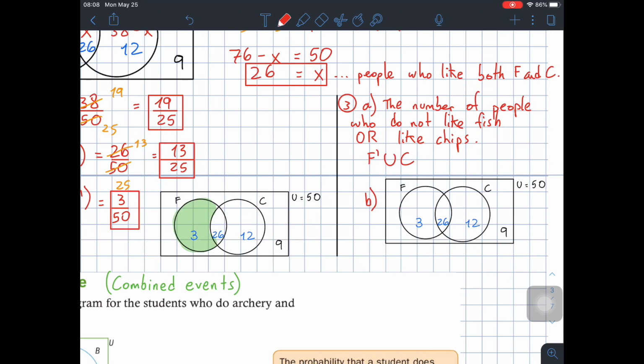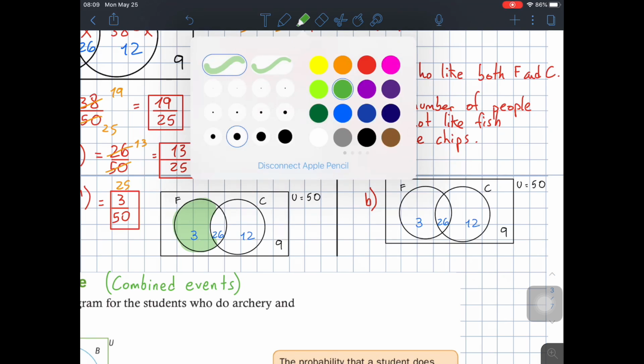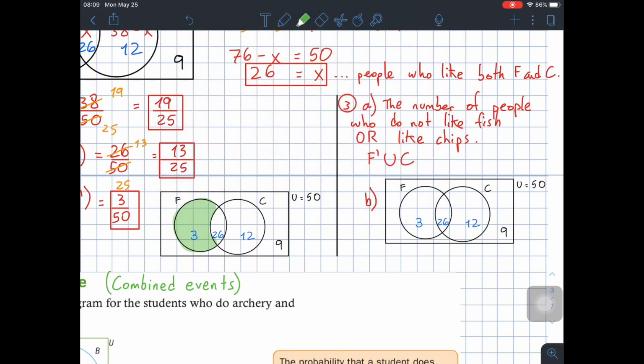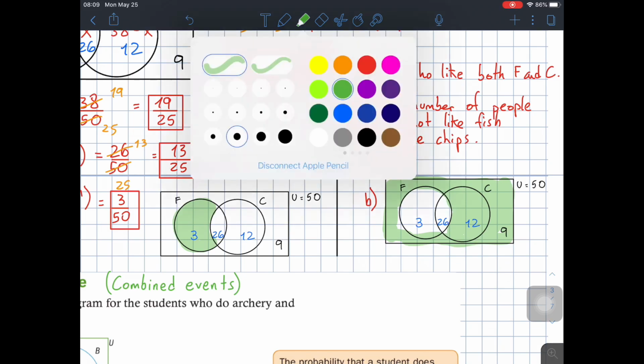Let me sketch that. I'm gonna do it with a highlighter. I think it's easier. If I shade not F, that's everything that is outside of F. So it should be something like this. Outside of F, union C. What is C?